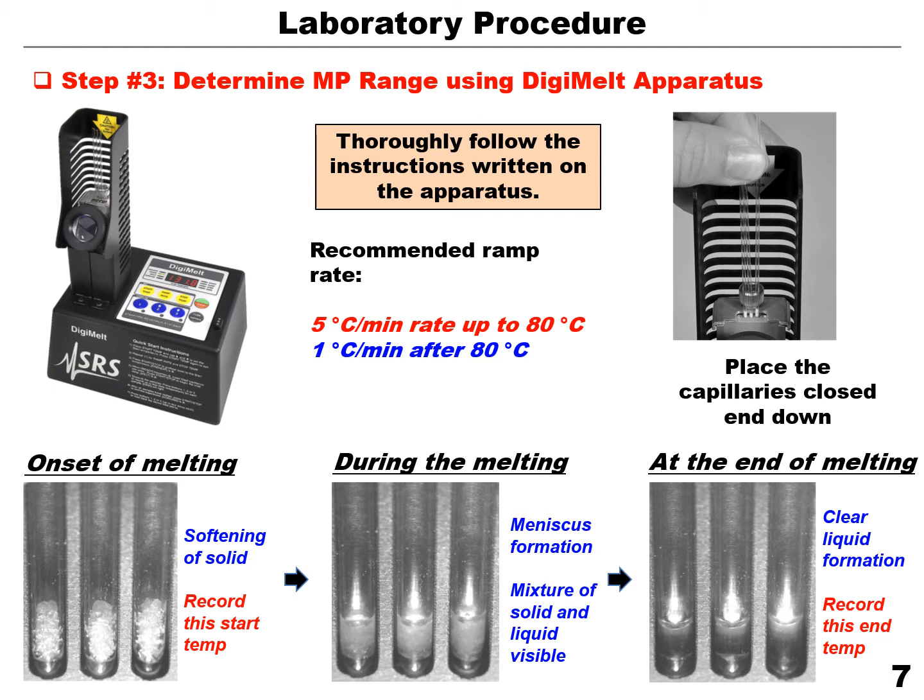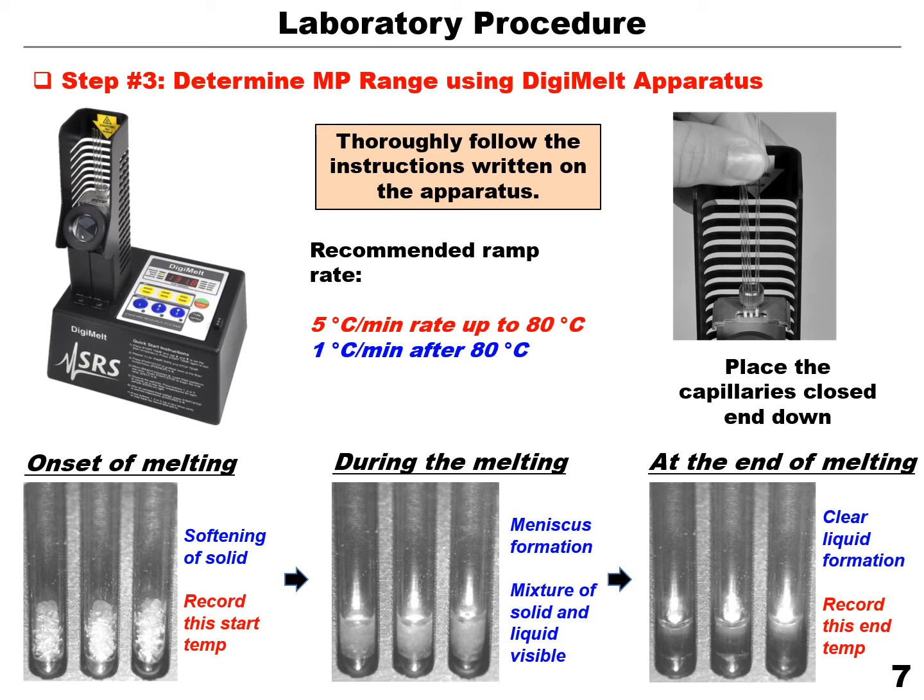You can readjust it later on for 1 degree Celsius per minute once it reaches 80 degrees Celsius, because both 2-naphthol and benzoic acid have a melting point greater than 120 degrees Celsius. So if you run the temperature increasing by about 5 degrees Celsius per minute up to 80 degrees Celsius, it will not have such an effect.